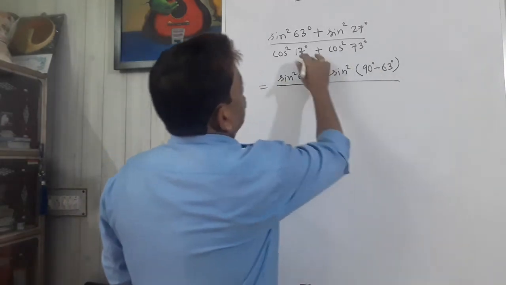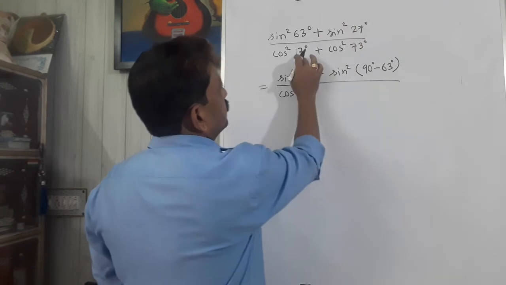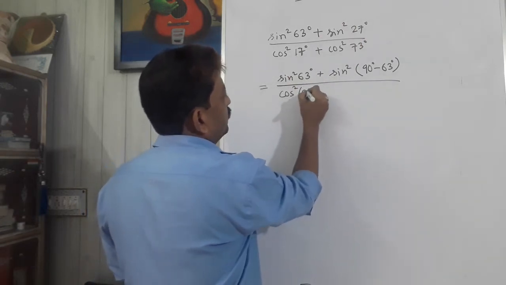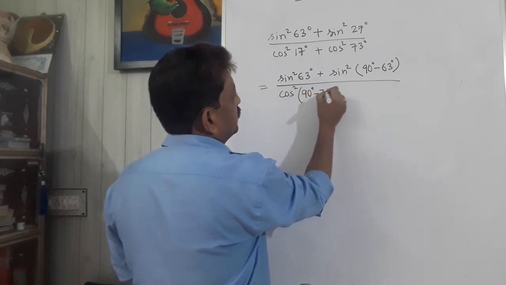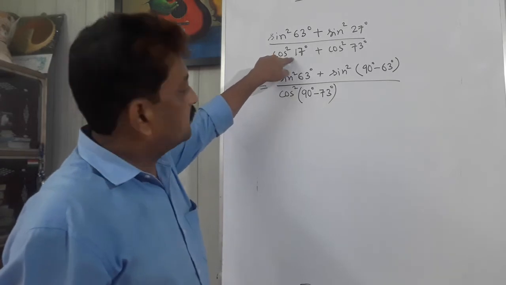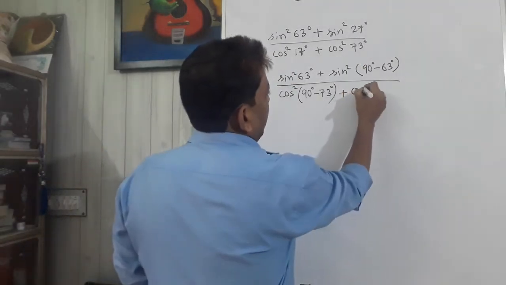Similarly, in the denominator, I am keeping the second one, I am changing the first one. So the first one, 17 degrees, can be written as 90 degrees minus 73 degrees. 90 minus 73 gives 17, and I am keeping the second one as it is.